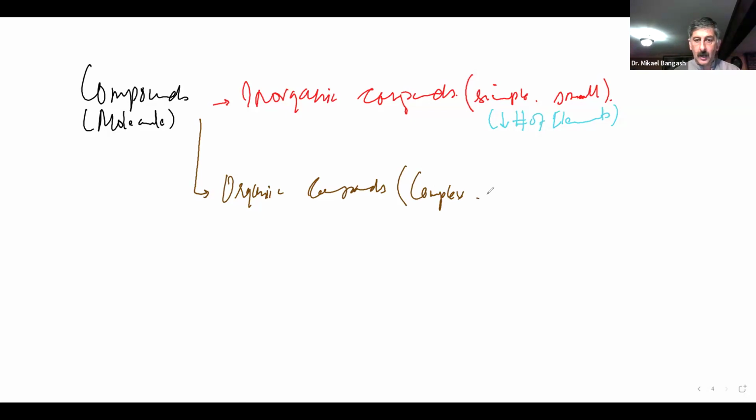And why are they complex? Mainly because they are large. What does that mean? To be large or complex means a great number of elements in a compound.